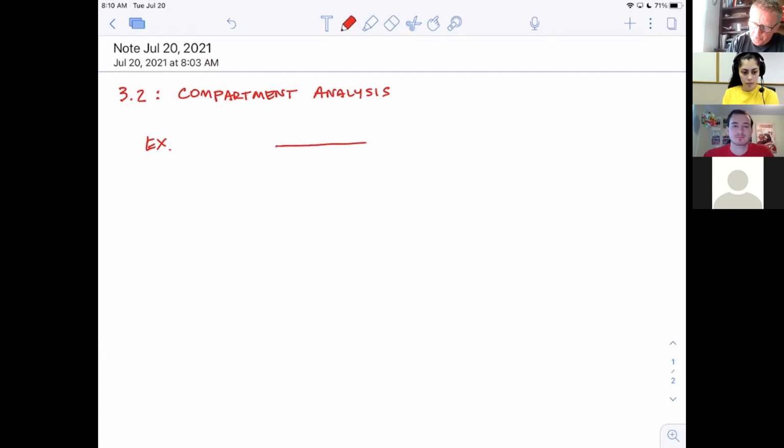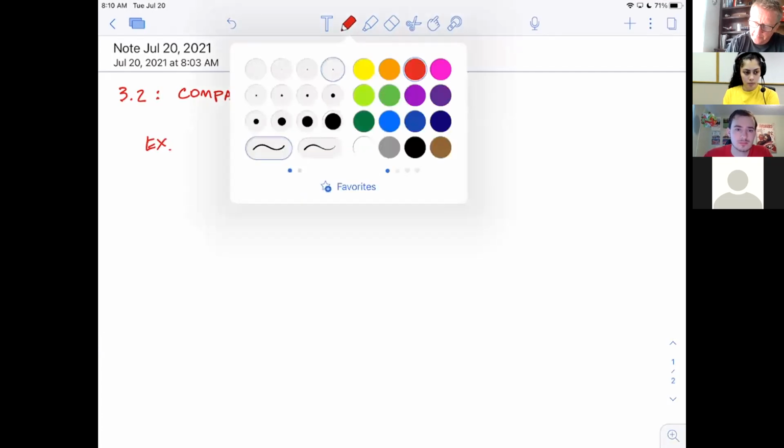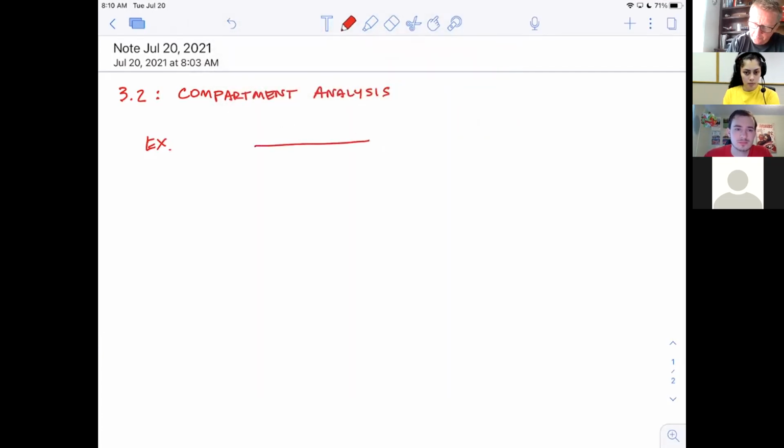Okay, so I drew this picture for you the other day. Whoops, that's not what I want to do. I want to do it again. I got rid of everything. So the idea is you have a compartment, and one example of this would be a liquid tank.